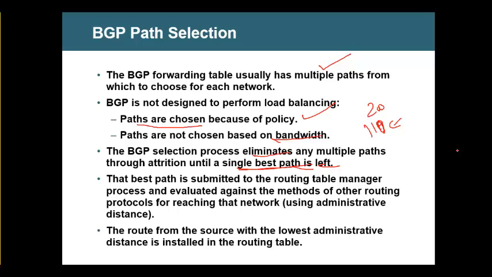Routing table also has some constraint to evaluate administrative distance. If a route given by EBGP is received, definitely this will be preferred because EBGP is just 20, OSPF is 110. So what I'm coming to say is, after BGP finishes its path selection, the routing table manager also evaluates.